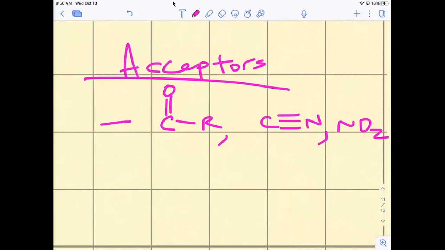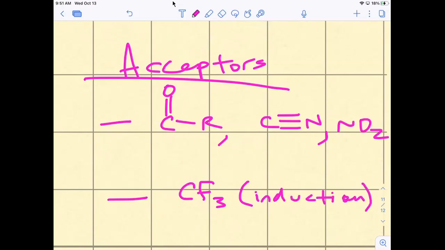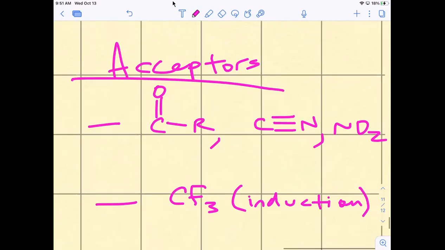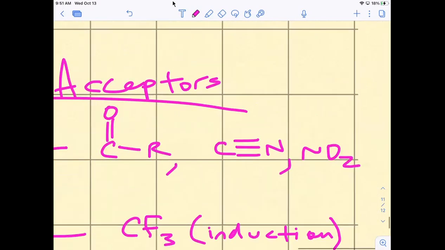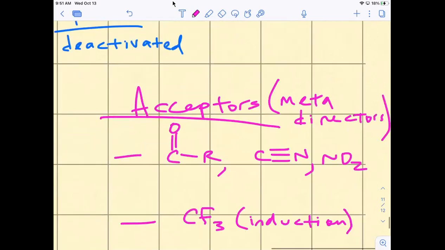And then as far as inductive acceptors, if you have electronegative groups attached, something like a CF3, this would be by induction. But these are all what we call meta directors. So you've got donors that are ortho-para directors, and then acceptors, which are meta directors. And donation and accepting can be either through resonance or through induction.